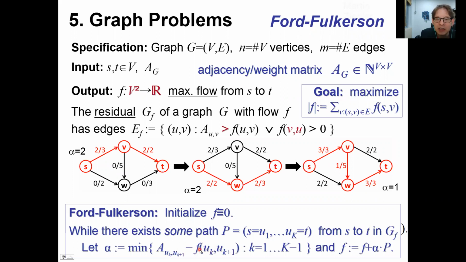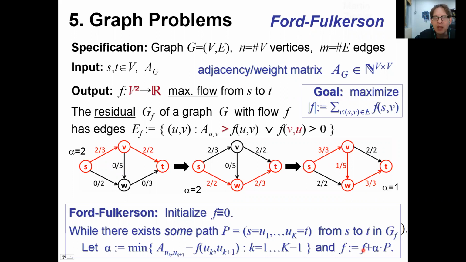This is the capacity, and this is what is already flowing through the edge, and the difference is what can be used for augmenting, and then add that to the original flow, because calculating the maximum flow along a path is easy, and Ford-Fulkerson on a high level reduces the problem of calculating the maximum flow in a graph to the problem of calculating the maximum flow in a path repeatedly for different paths, namely each time for another different path in the residual graph.